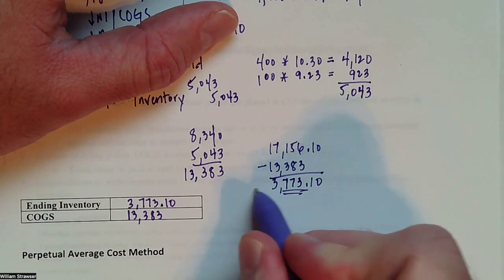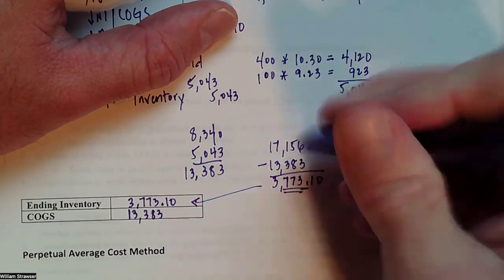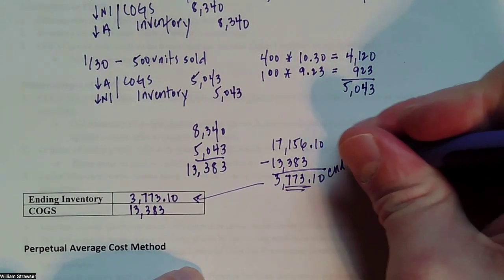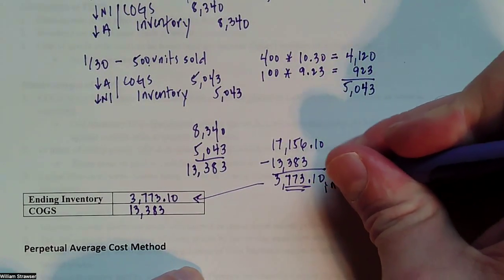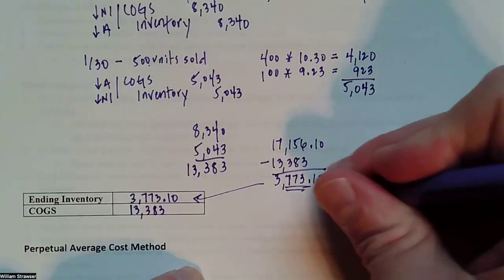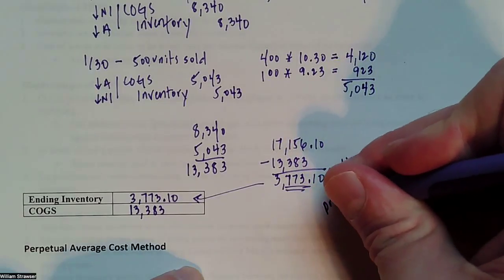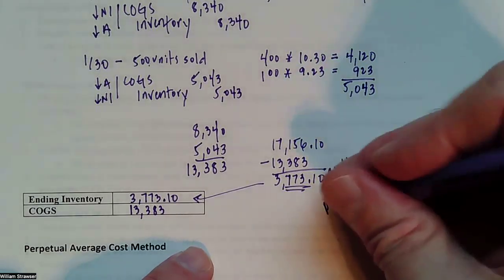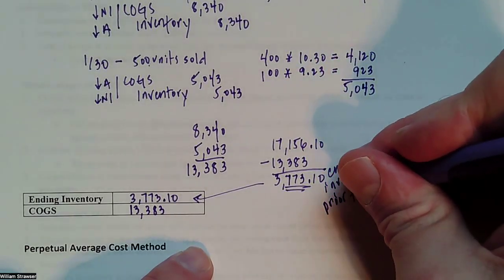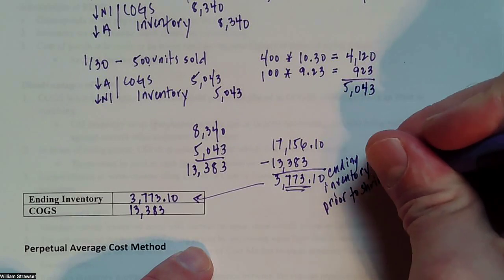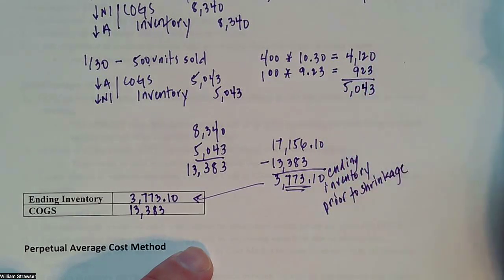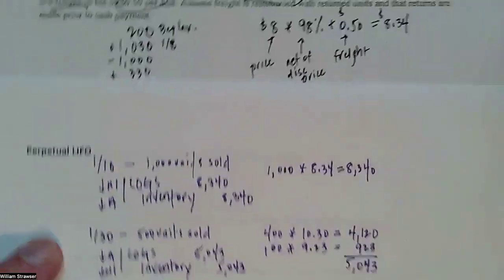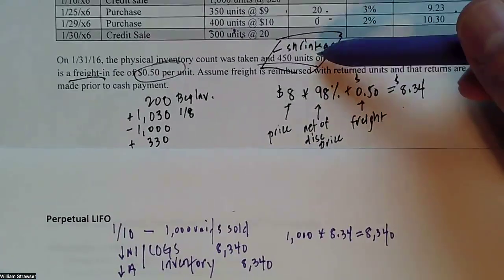So again, remember, this would be my ending inventory prior to shrinkage, because I wasn't looking at anything about the final count here. I was just working with my purchase and sales data. And as we discovered prior, we have 10 units missing, right?